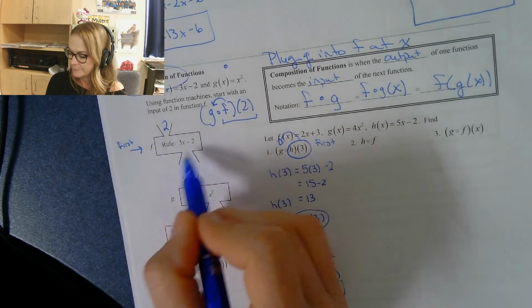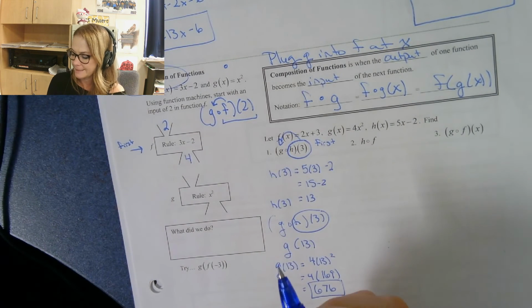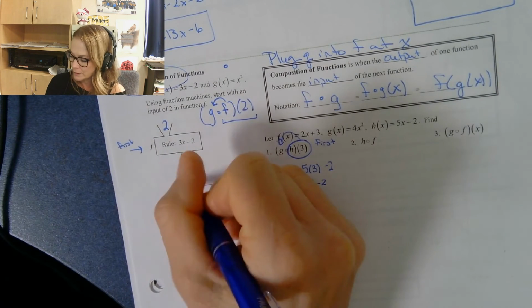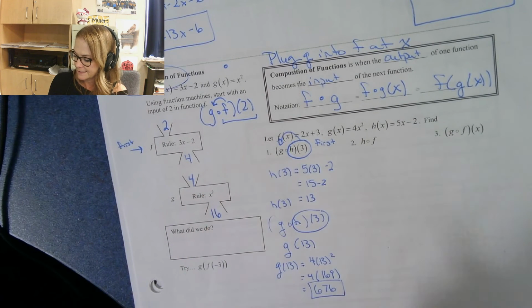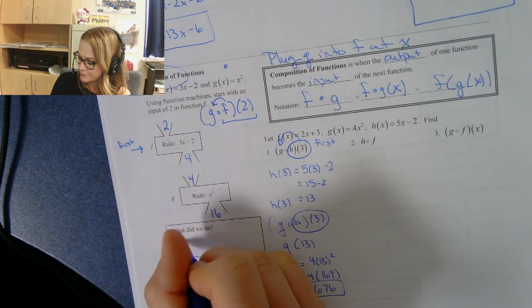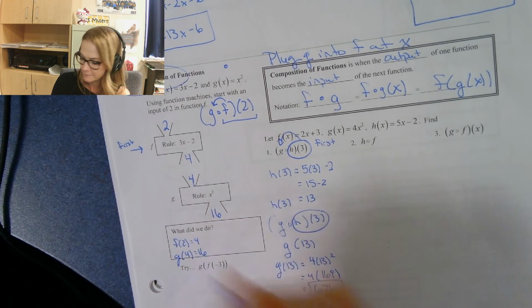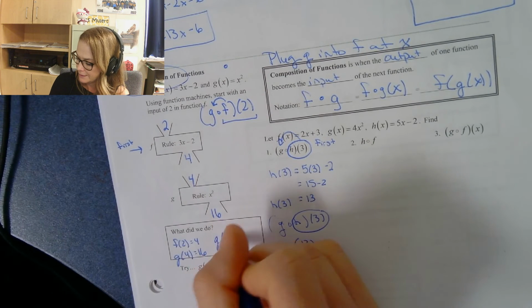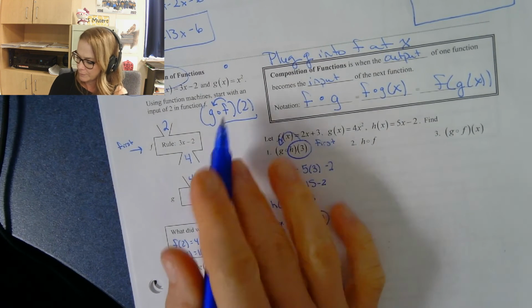The machine does its business. 3 times 2 is 6 minus 2, which is 4. That's the output. And then 4 drops into the g machine. The g machine is squared, and that's 16. So f of 2 was 4, and then we did g of 4, which was 16. All right? So this was g of f of 2. That's another way you might see it written, or with the dot.